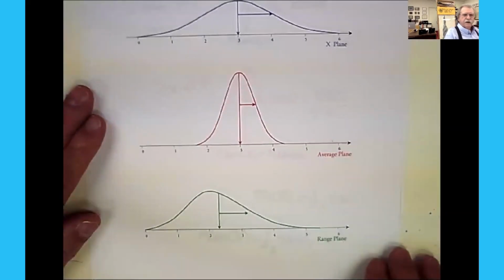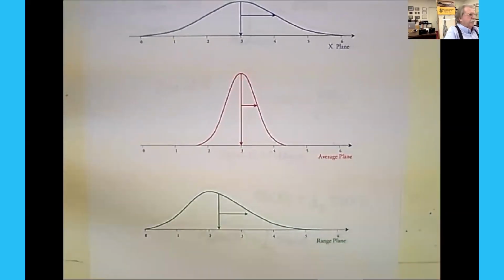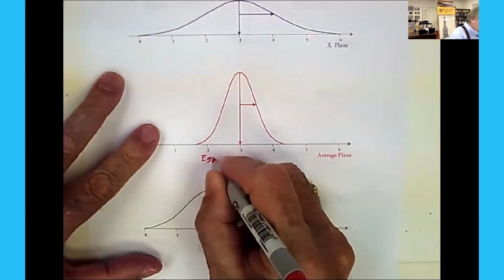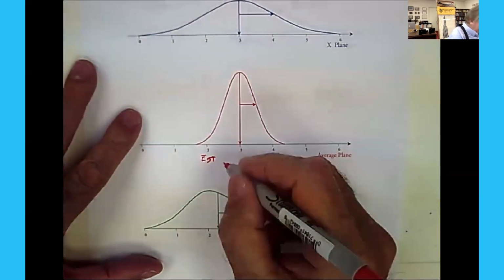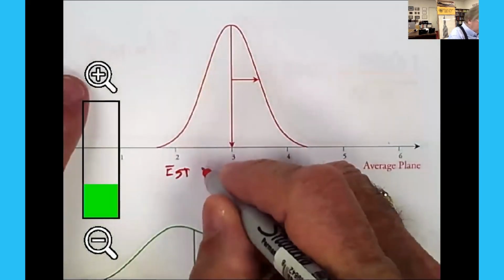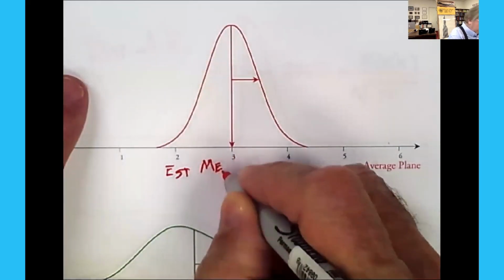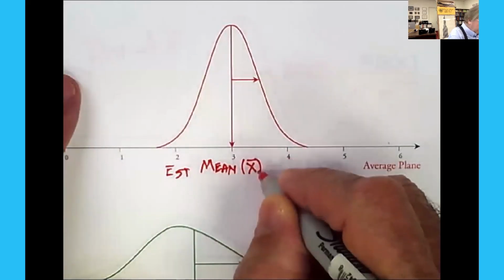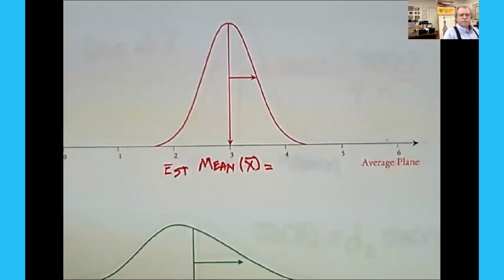And we'll start right in the middle of the page. We're going to estimate the mean of the distribution for x bar. What was the central line for the average chart?